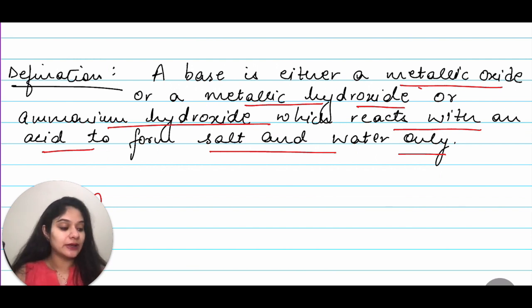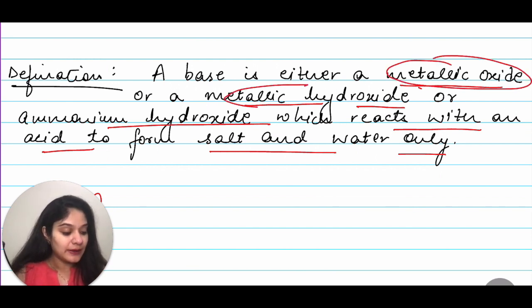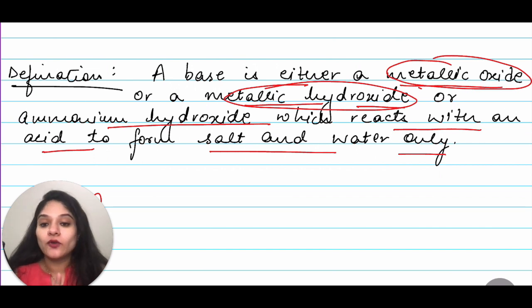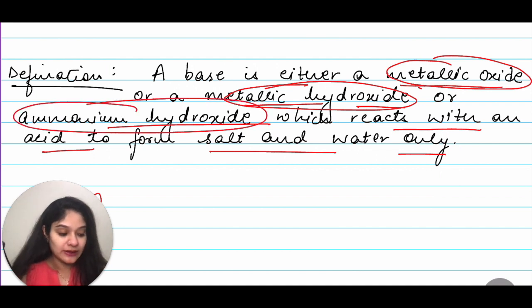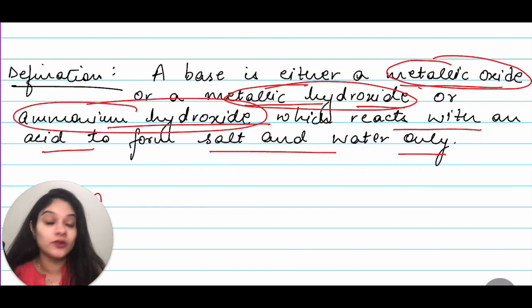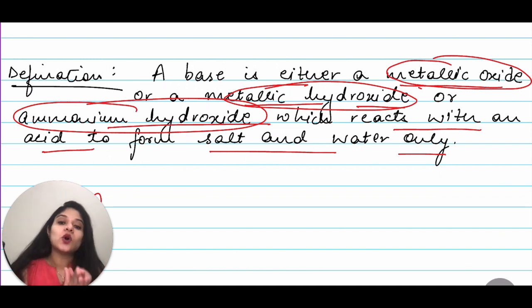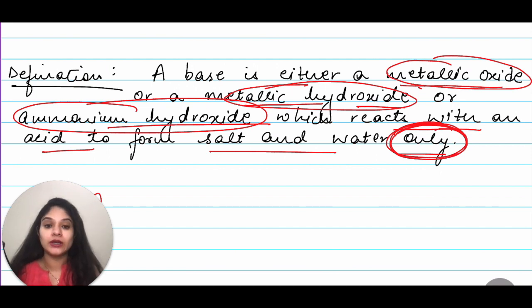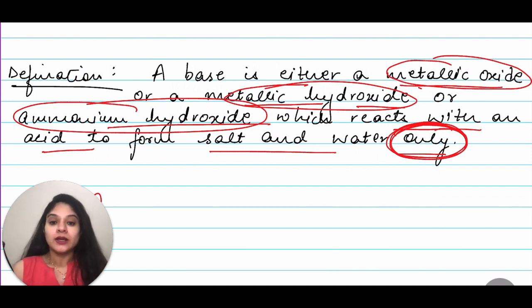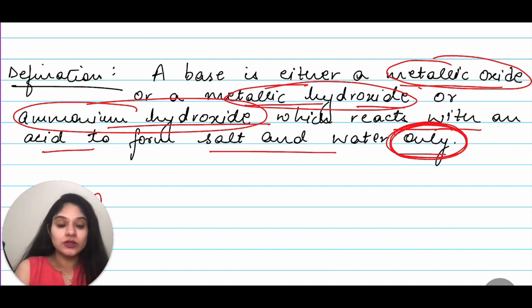The keywords are metallic oxide, metallic hydroxide, and of course ammonium hydroxide is an exception, so we pick that in the definition too. Only is the most important keyword here. You cannot skip only. Now take a note of this definition and we move on.